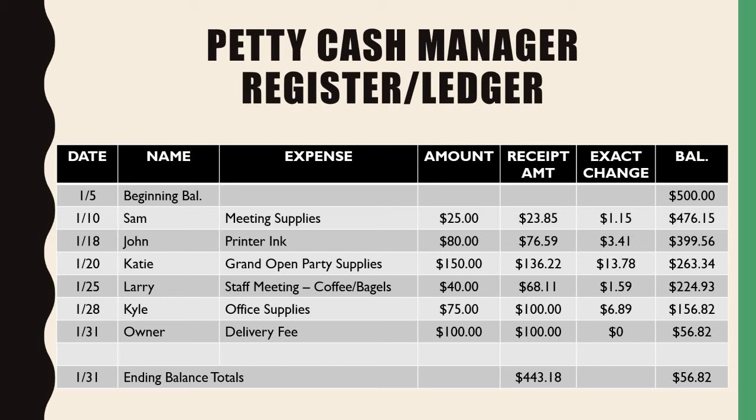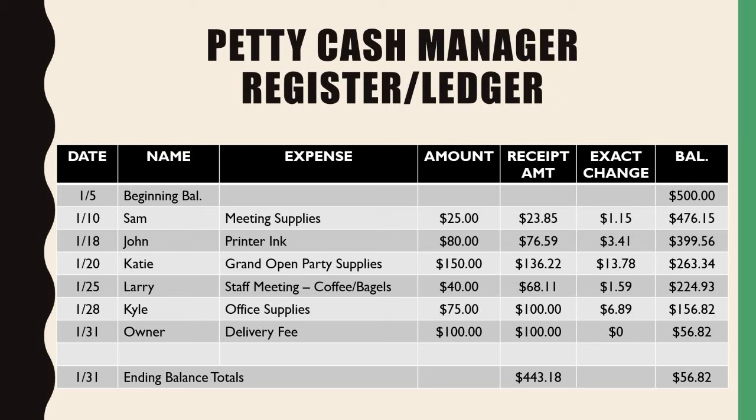As we mentioned before, you keep releasing money, those vouchers go out to people, and they bring them back to you. At the end of the day, your balance of total receipts plus the cash left over in the box should equal the total amount you started your petty cash drawer with.